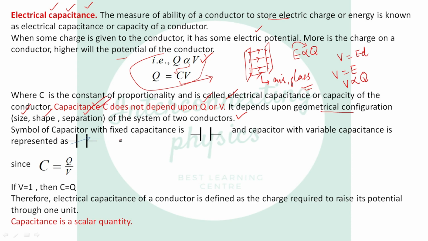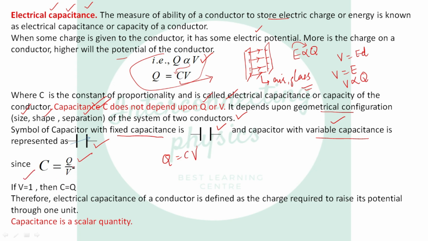Now the symbol of a capacitor. If a capacitor has fixed capacitance, then the symbol is like this. And if a capacitor has changing capacitance, meaning variable capacitance, then the symbol is like this. Since Q equal to CV, then C equal to Q divided by V. Let us say V is equal to 1 unit.